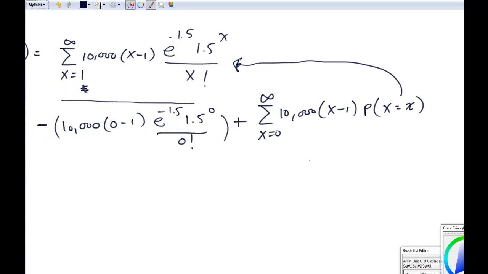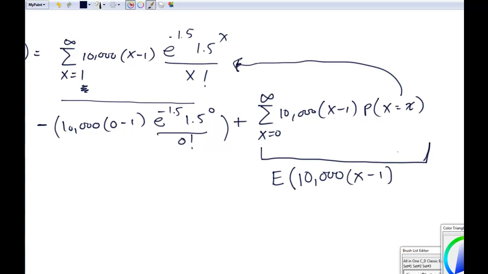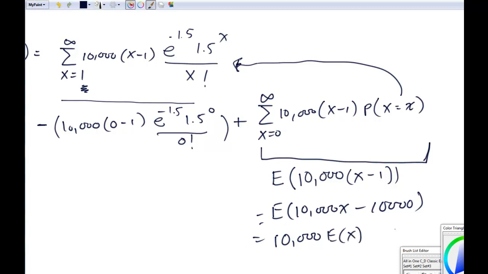Well, this is just E of 10,000 times x minus 1, isn't it? This means that by the rule that we discussed earlier, this is just equal to E of 10,000 x minus 10,000, which is equal to 10,000 E of x minus 10,000.